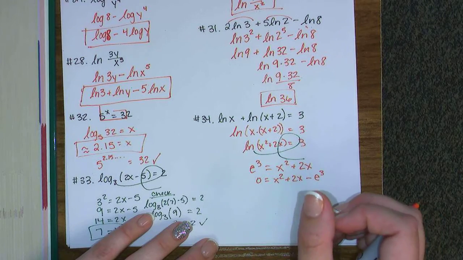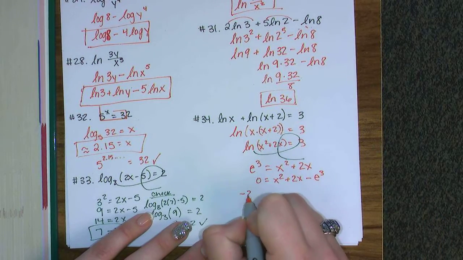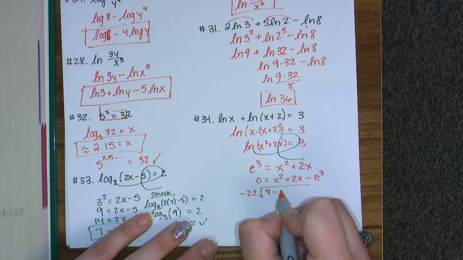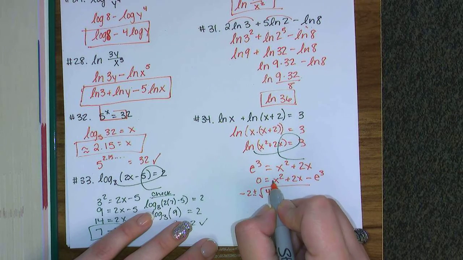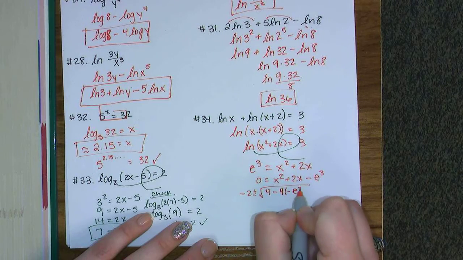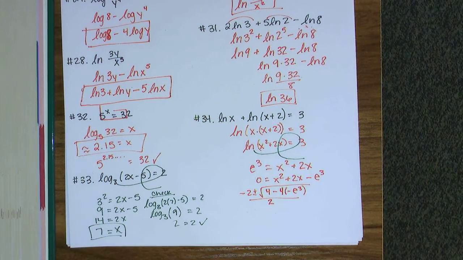So, -2 plus or minus the square root of 2 squared, which is 4, minus 4 times a, which is 1, so 4 times a times negative e cubed, all over 2. So typing this into my calculator, let's see.